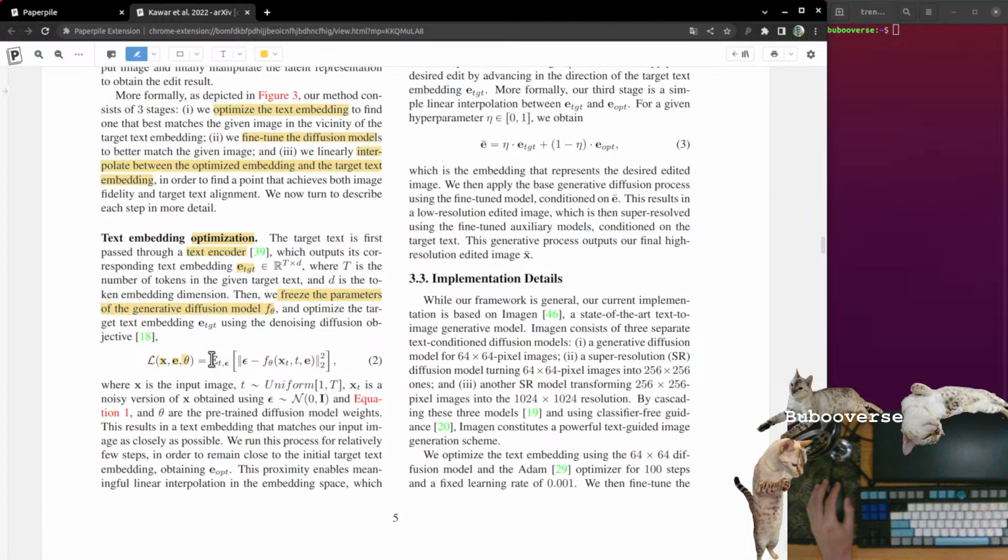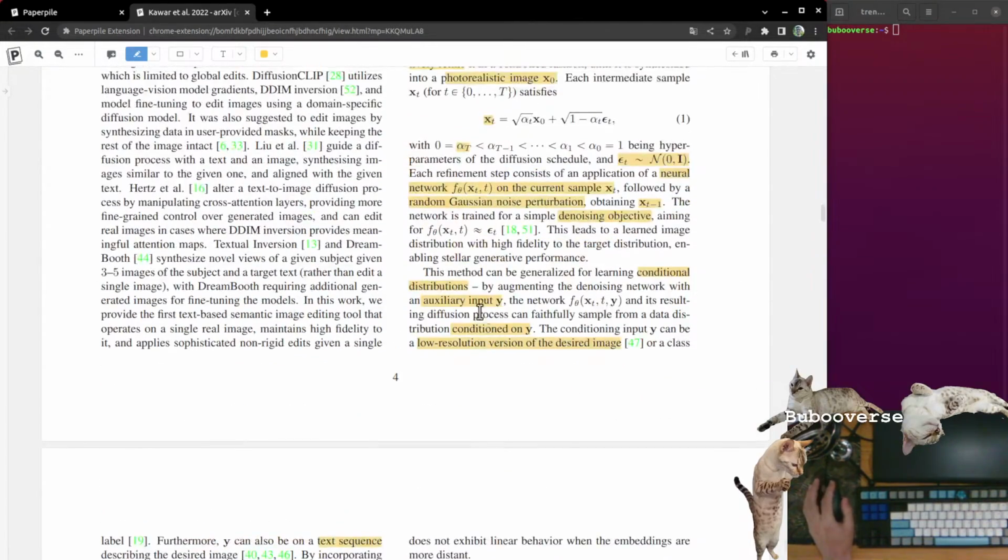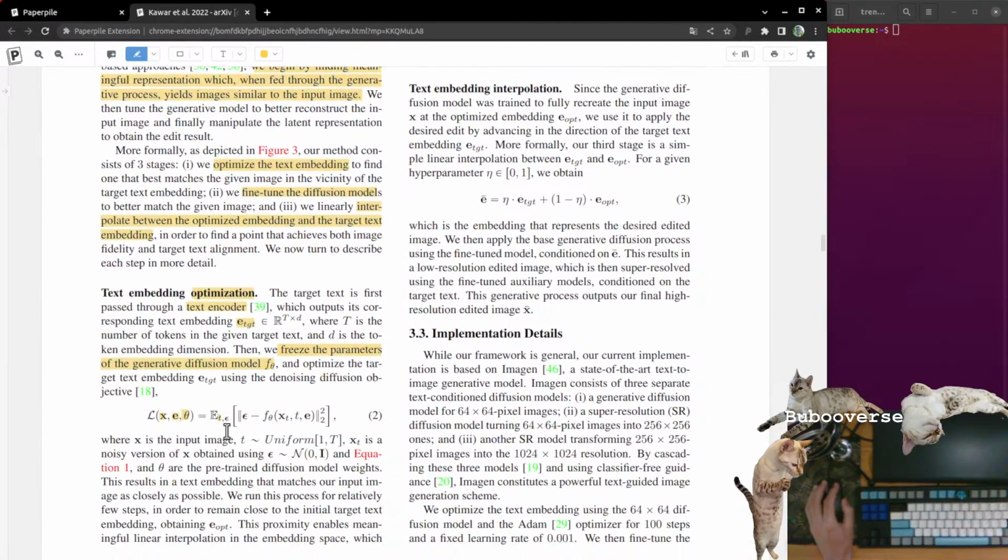And the thing they want to minimize here is the expected value at some time step t, of the squared, or L2 difference, right?